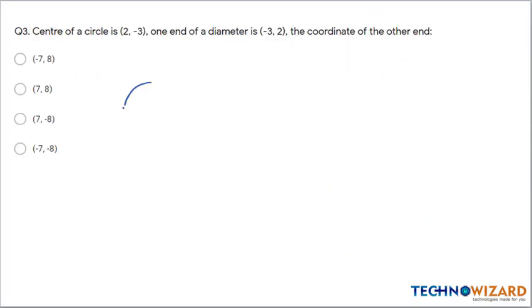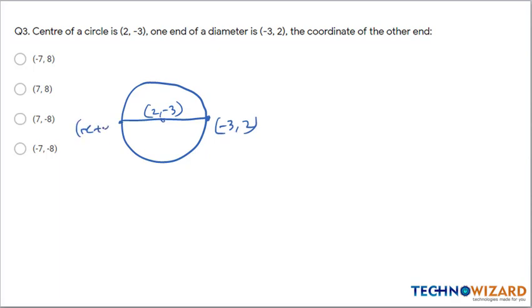Next question, question number 3. Center of a circle. See this question. This is the diameter of the circle. The diameter always passes through the center, and the center is given as (2, minus 3). One end of the diameter is given as (minus 3, 2). I have taken the other end as (x, y).